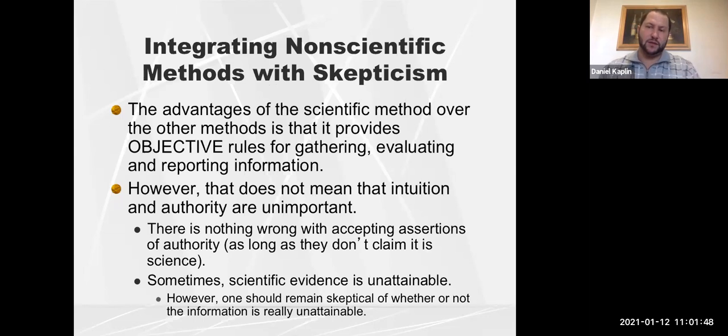Intuition, as we will also hear about next lesson, is a great source of information, a great source of research. But you have to do the research to figure out if your gut was true. Authority figures are a great source of information, but you can question them, right? So we can integrate some of the pre-scientific methods as much as possible.